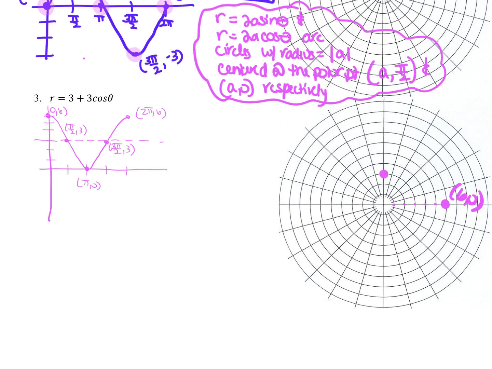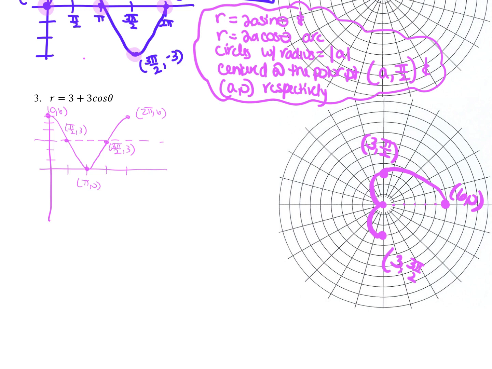Now remember, when you connect these, you always go counterclockwise with a little curve to it. Then we have pi comma 0, which is 0 comma pi. Counterclockwise with a curve. 3 pi halves comma 3, so that means we're doing 3 comma 3 pi halves, which is here. Again, curve counterclockwise.